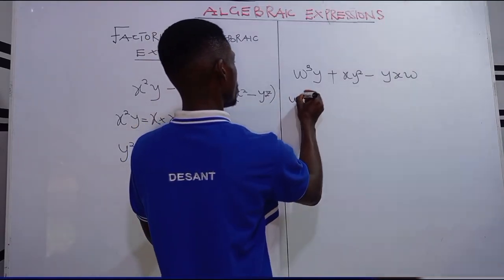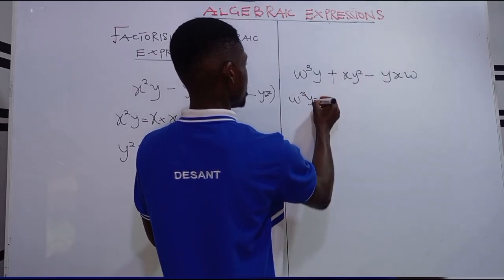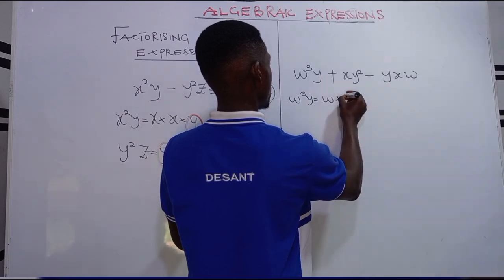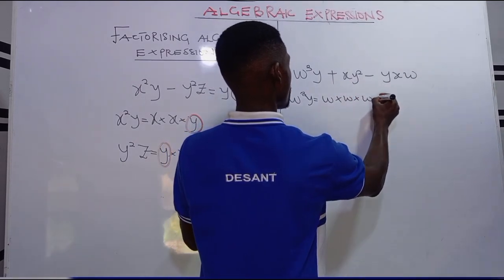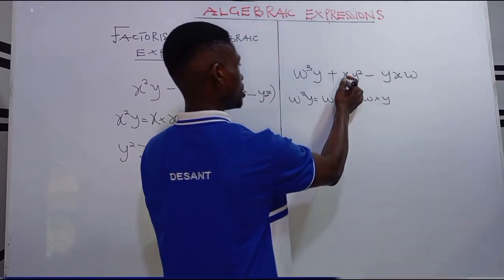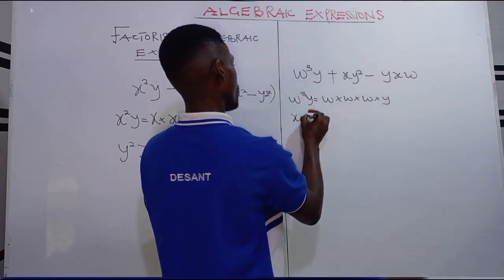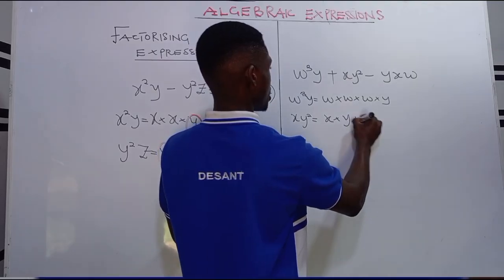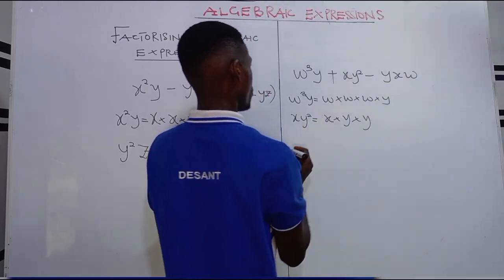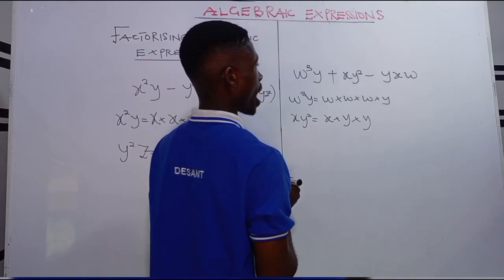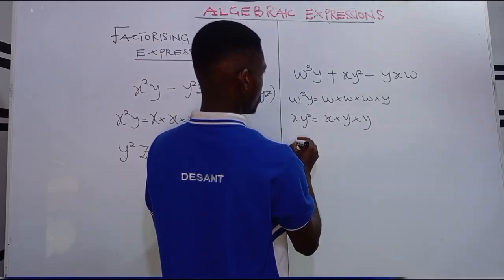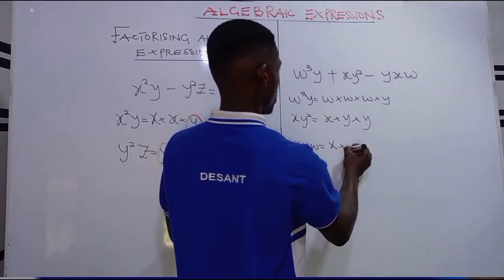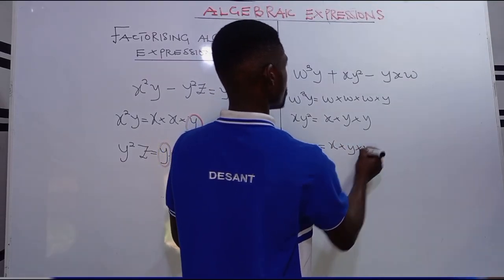So we have w cubed y. The factors of w cubed y are w times w times w times y. The factors of x y squared are x times y times y. The factors of x y w are x times y times w.